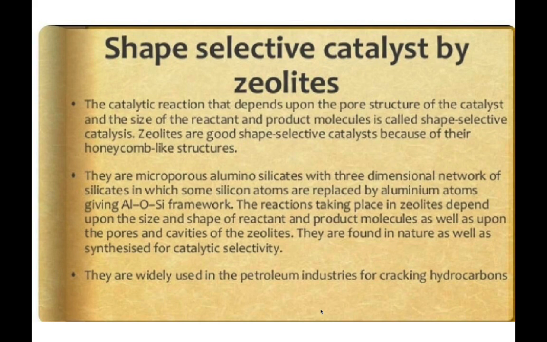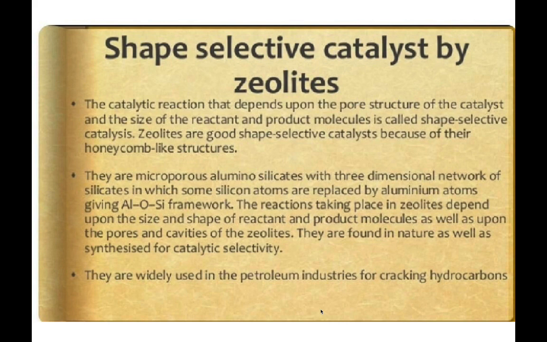In that way the framework of aluminium, oxygen and silicon is formed. So the reaction taking place in zeolites mainly depends on the shape and size of the reactants and the product molecule, and also upon the pores and cavities of the zeolites.